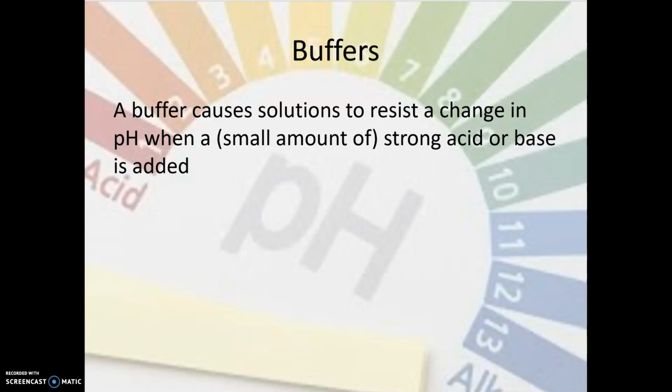It will change a little, and adding acid will cause the pH to decrease, become more acidic. Adding base will cause the pH to increase as it becomes more basic. And what we have to realize is, relative to adding a strong acid to just water, these buffers really do keep that pH in check as long as we don't add too much.